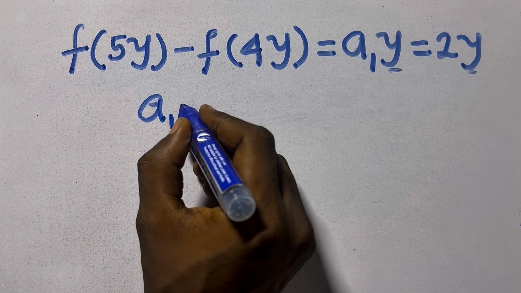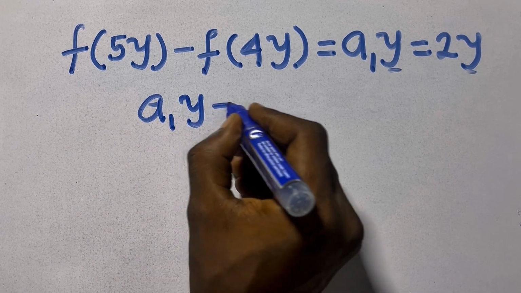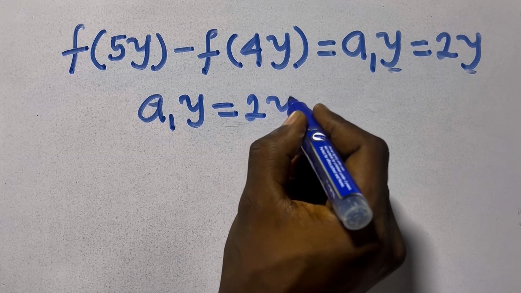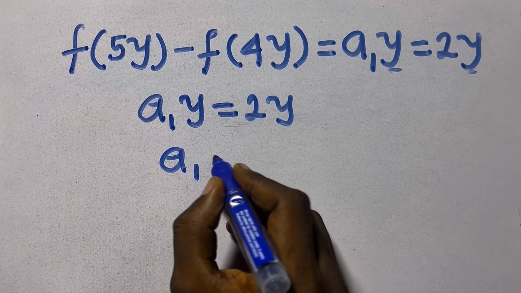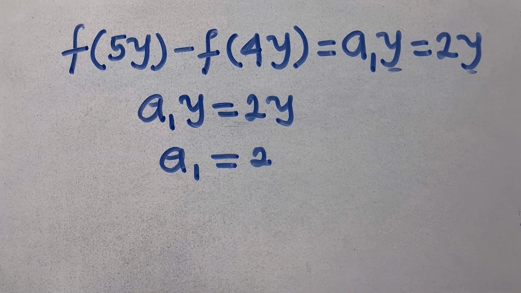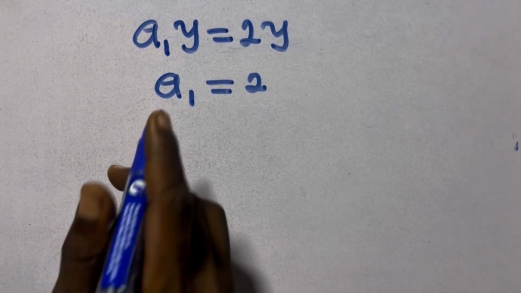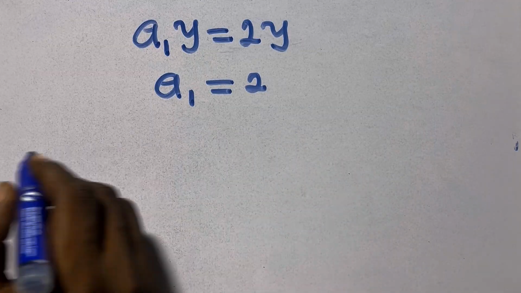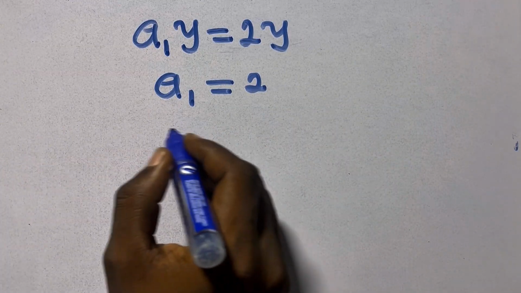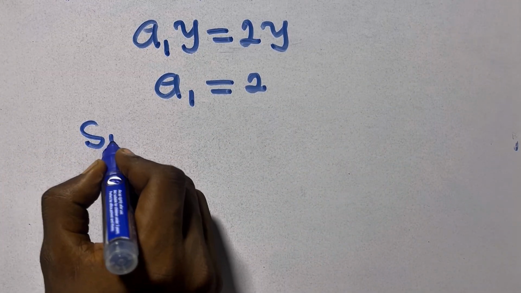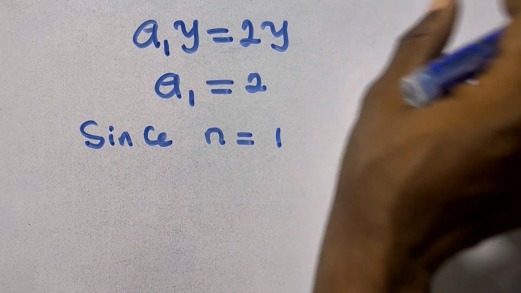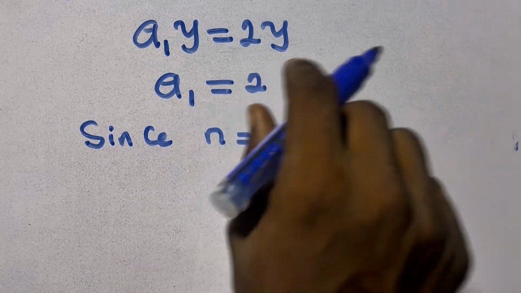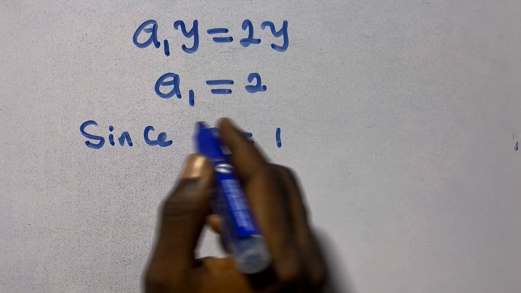We have a1 y equals 2y, so comparing, we get a1 equals 2. Now let's just recall that since our n equals 1, we are going to deal with this, and that's why we couldn't use the other one that has subscript n minus 1.